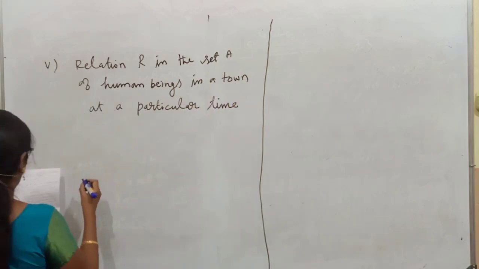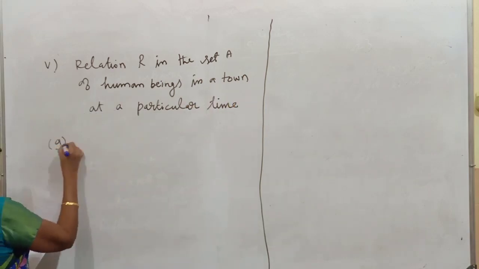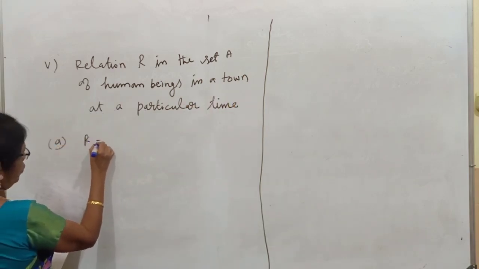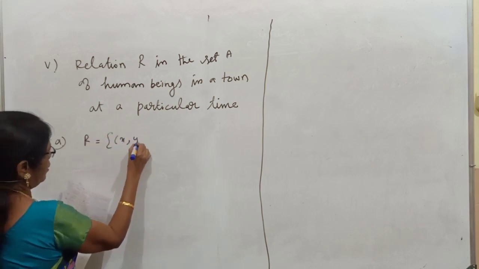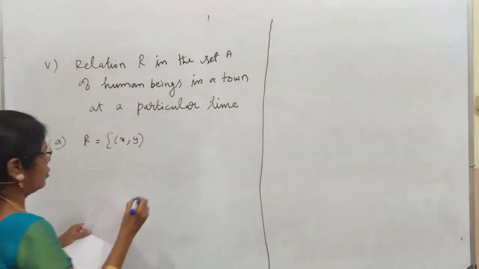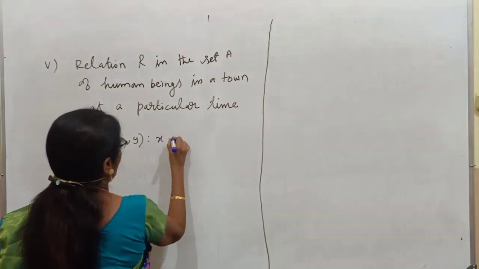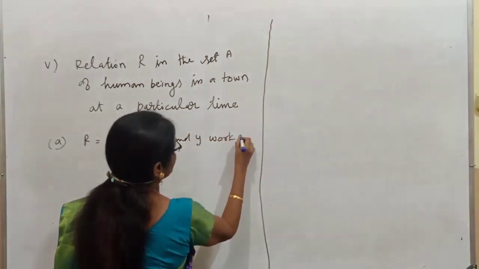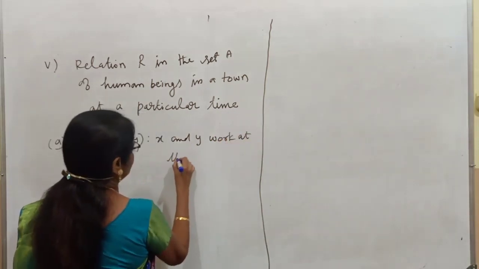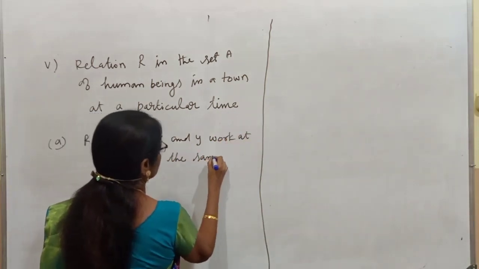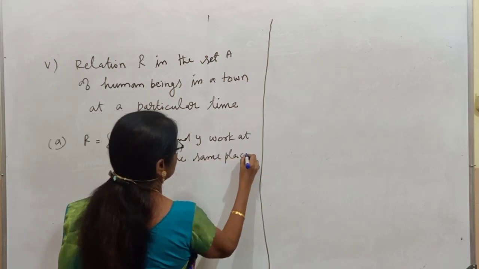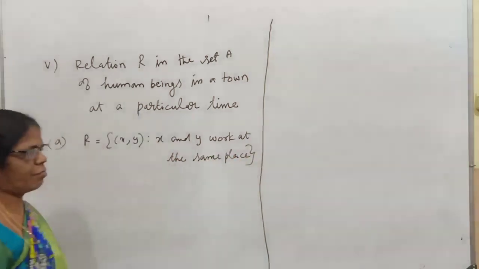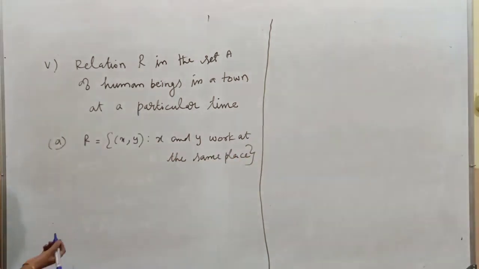Right. Now, the first one, R equal to {(x, y) such that x and y work at the same place}. Right, it is very simple for you.